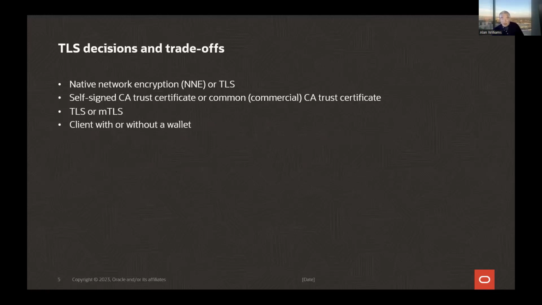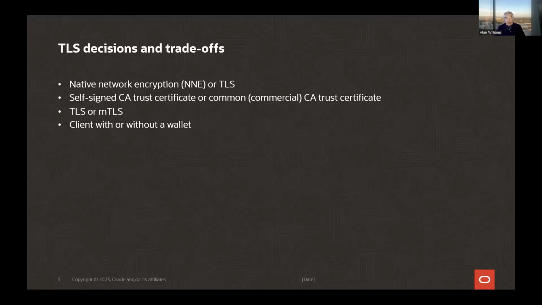Okay, so the first decision you can make is, we provide an out-of-the-box Oracle protocol called native network encryption, NNE, or TLS. Another decision you have to think about is, if you're using certificates, who's going to sign them?